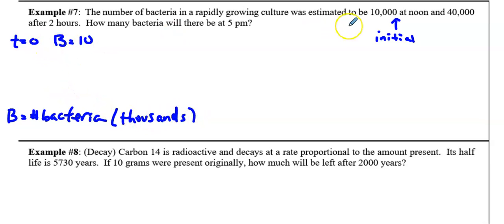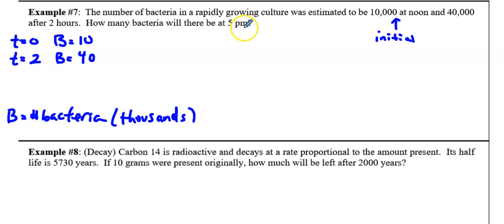And then 2 hours later, so at time equals 2, my bacteria is now at 40,000. So I'm going to write that B is equal to 40. And it says how many bacteria will there be at 5 p.m.?